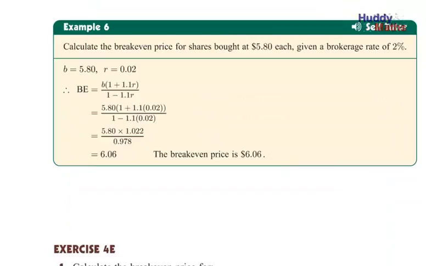So here's an example. Calculate the break-even price for shares bought at $5.80 each with a brokerage rate of 2%. So the formula you're going to use, write it down, is that one. It's got R in it because you were charged a brokerage rate. The initial price was $5.80 and your rate was 2% that you were charged for brokerage.